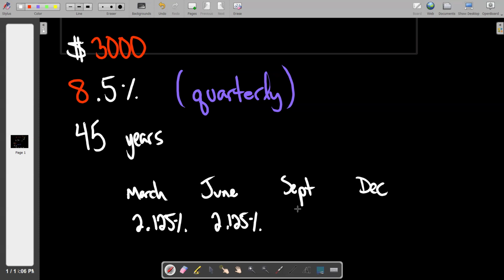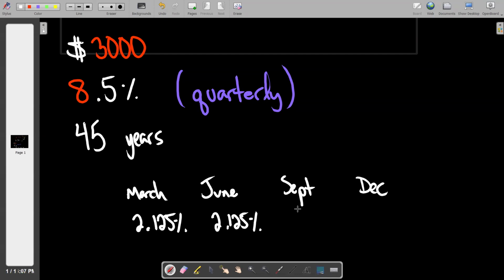And then in September, you get an even bigger boost because you've already gotten the boost from March and June. And then in December, you get the ultimate boost because you've gotten little baby packets of interest in March, June, and September. Are you picking up what I'm putting down? So the moral of the story is, it does matter. Because it's compounding, it does matter.